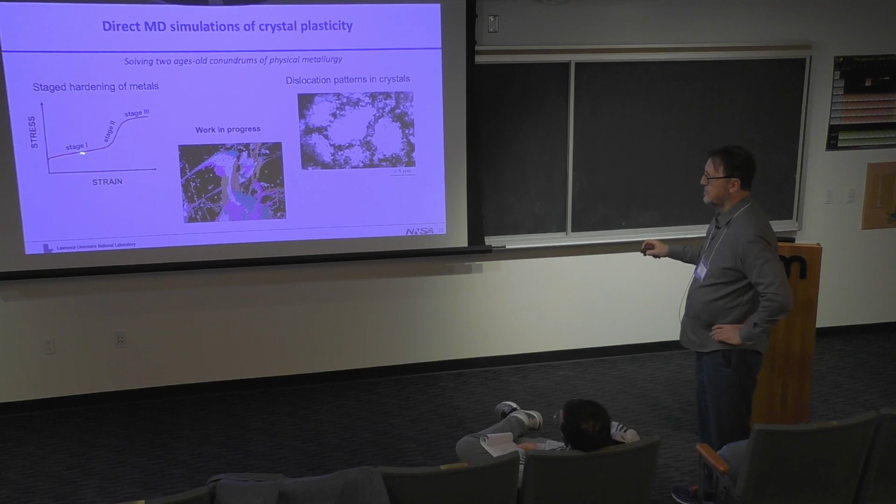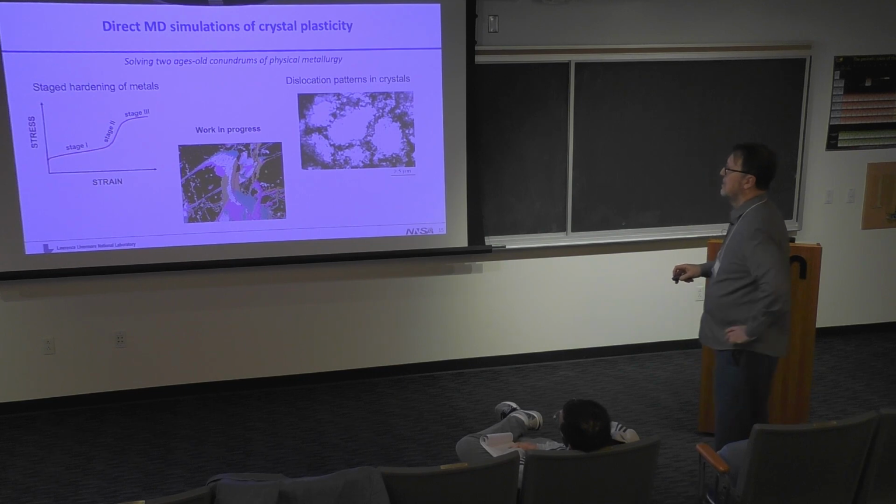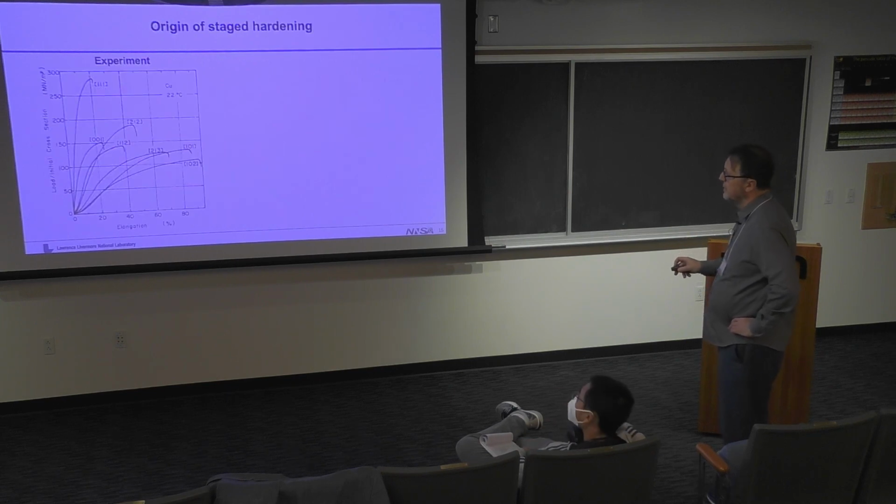All these stages ignited so many arguments over the years. Can we understand directly from MD what's happening? Or can we observe the formation and origins of these intricate dislocation patterns? We have done this. This is still in the analysis stage, but this is the next series of slides.